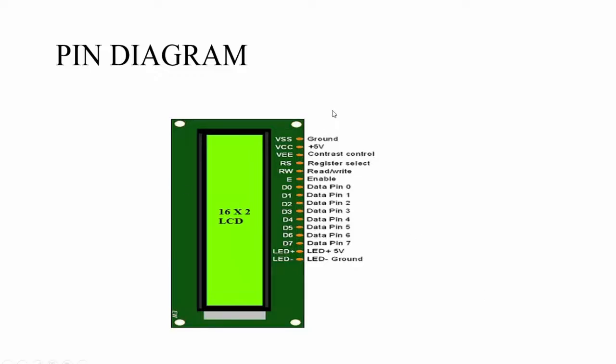So pin 5 is the read and write operation pin and pin 6 is the enable pin. As I already said, it should be held high. It's always high. It's the enable or control pin.